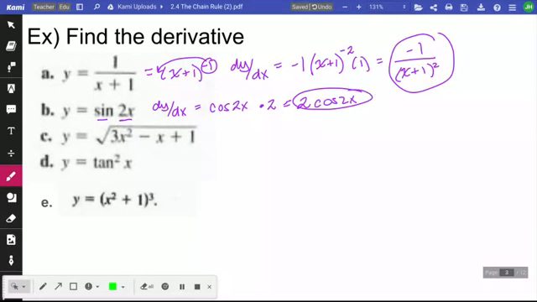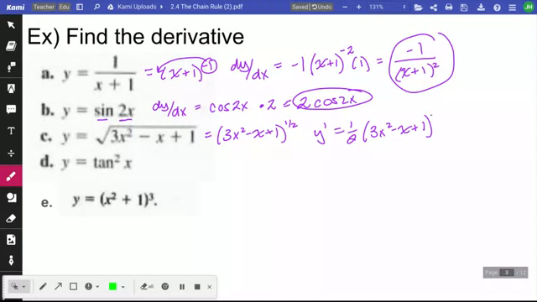Okay, I would rewrite this one to be (3x squared minus x plus 1) to the 1/2 power, so that when I do my first derivative of y, I will do the chain rule. So I'll do the derivative of the outside, and I will keep the inside the same. But then I have to continue my derivative of the outside.